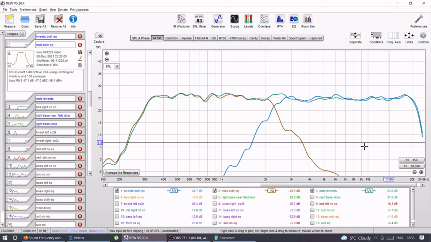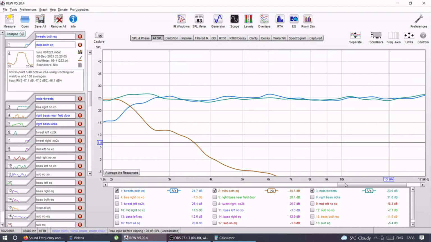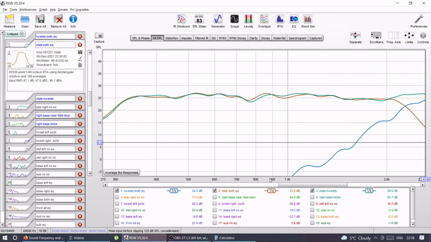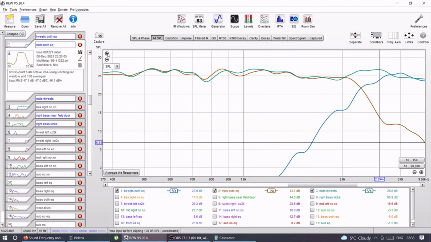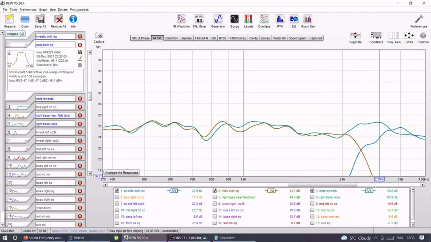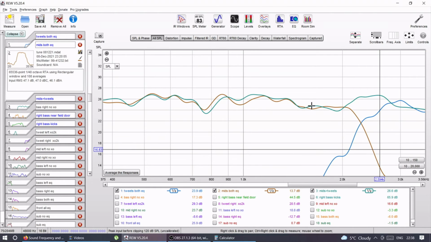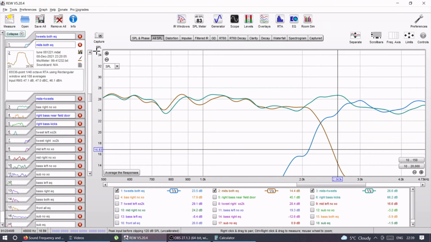Now, why is it important to match, let's say, left and right speaker to make sure their frequency response is the same? So, just for this particular example, let's assume that these two lines, the brown one and the green one, represent left mid-range and right mid-range. It doesn't matter which one. It's just going to be an exaggeration.